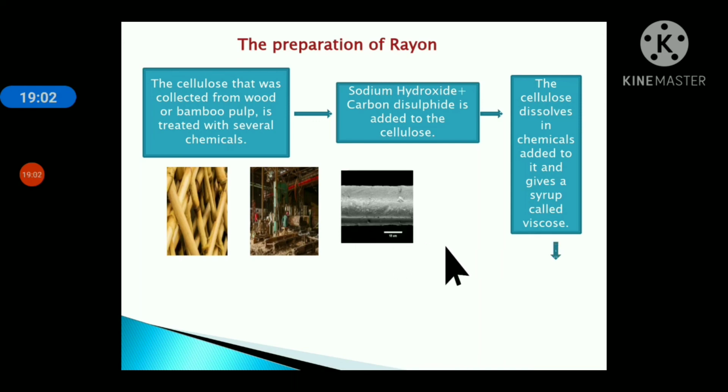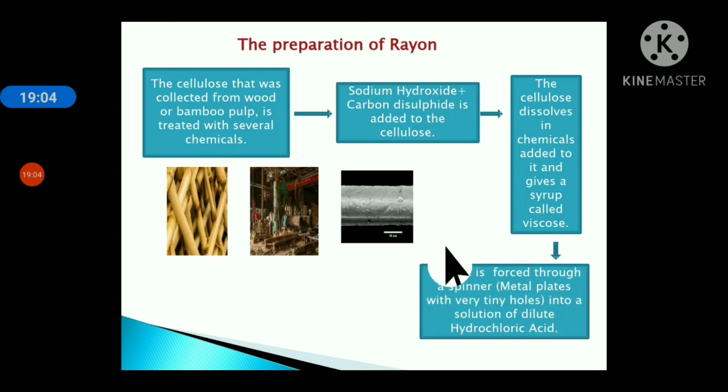Okay children, so what happens next? Viscose is forced through a spinner. We already learned about the spinner: metal plates with very tiny holes, into a solution of dilute hydrochloric acid.